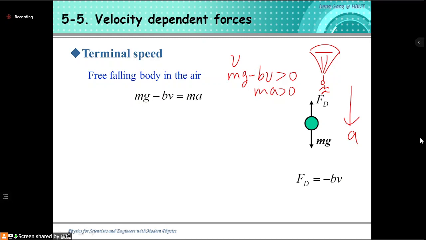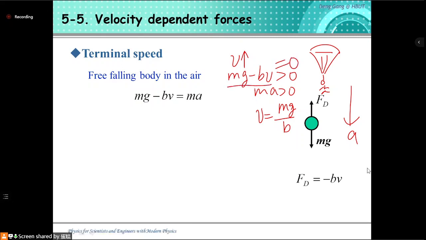But when you are falling faster and faster, v is increasing. Maybe at an instant, it will reach the value where v is equal to mg over B. When v reaches this value, this net force will be equal to 0.